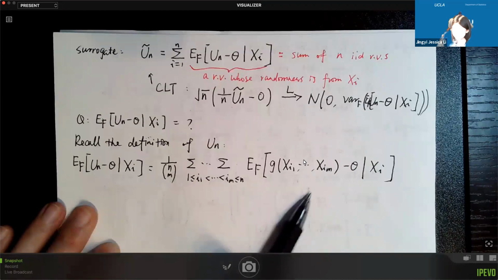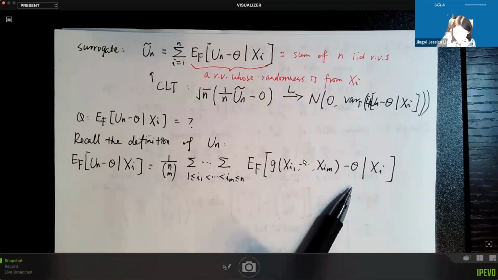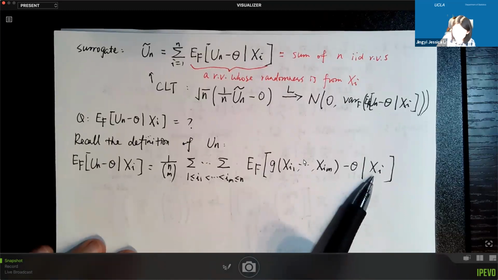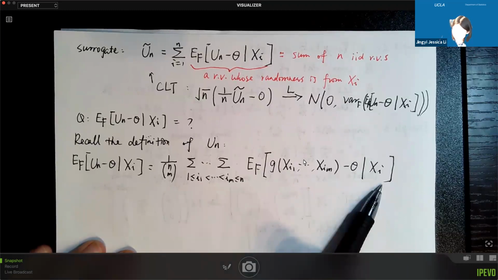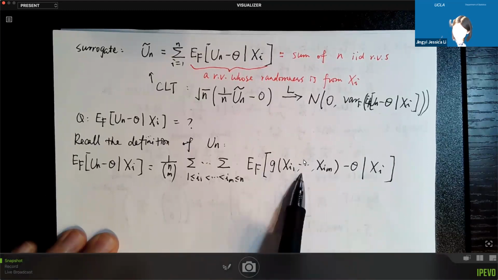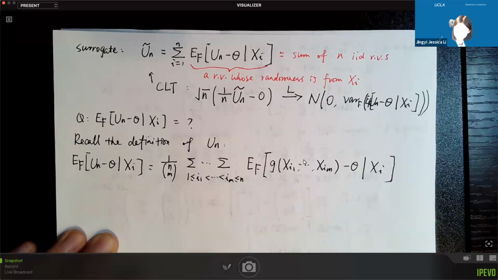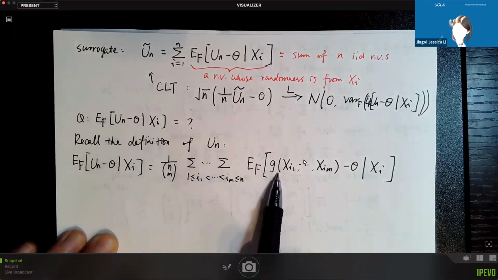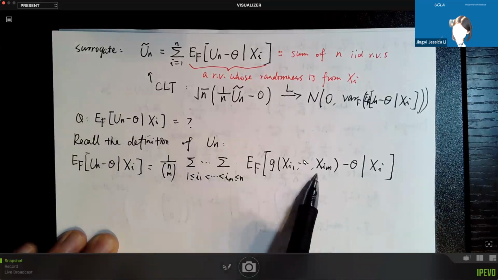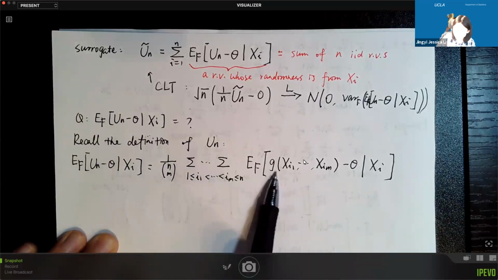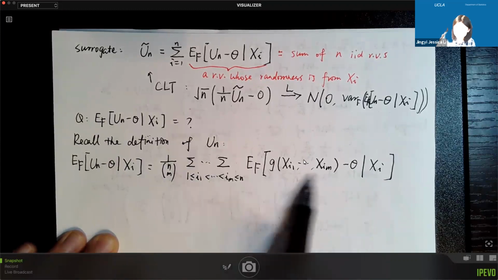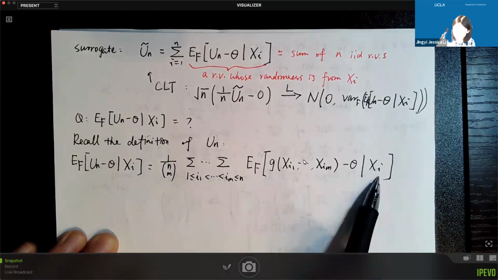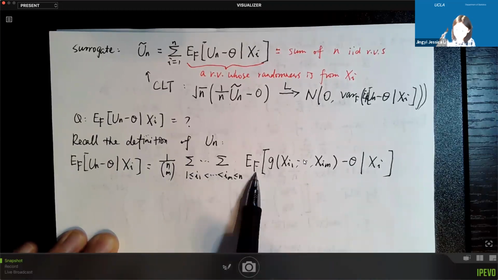Then what's this expectation? It's interesting, right? It depends on whether my X_i happens to be one of X_i1 to X_im. If it is, then I would be conditioning on that X_i. So I'm actually in the scenario where I'm conditional on one of the arguments, and that's g_1. That gives me g_1(X_i) minus theta. If X_i is not one of them, then by independence, this conditioning can go away, and I will get 0.